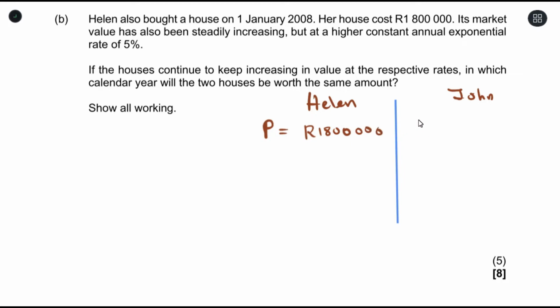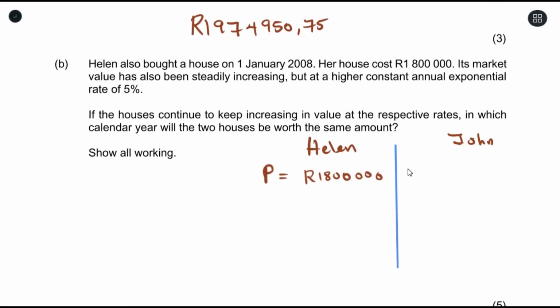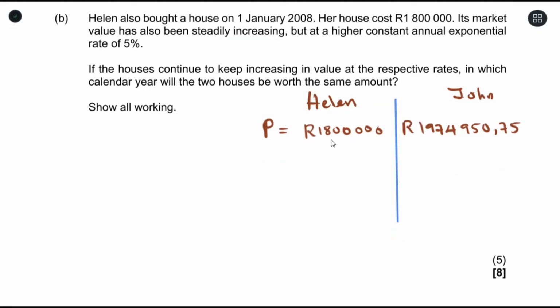For John, from the previous question, his house was worth 1,974,950.75. The interest rate for Helen is 5%, so we can represent it as 0.05, and for John it was 0.045.